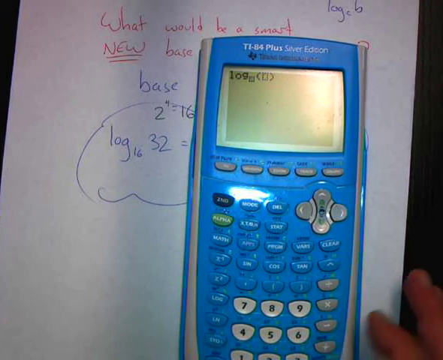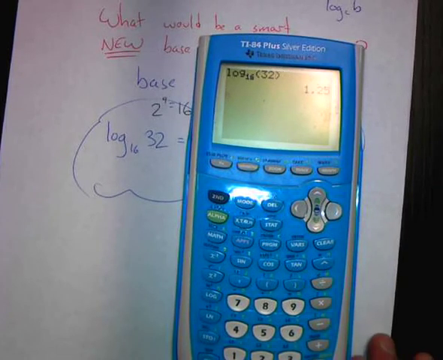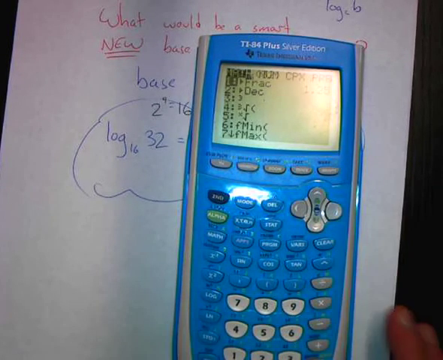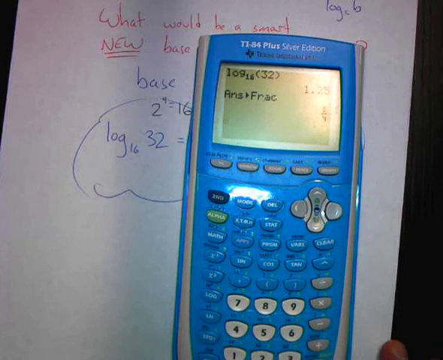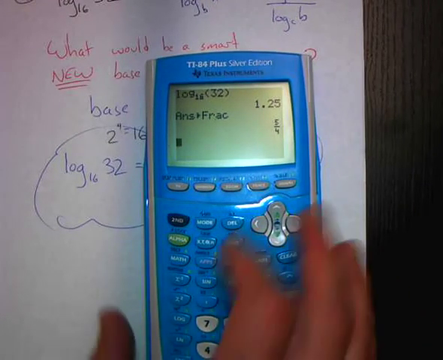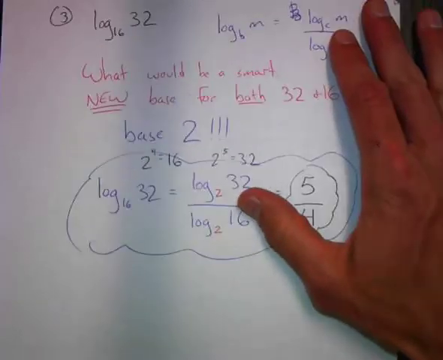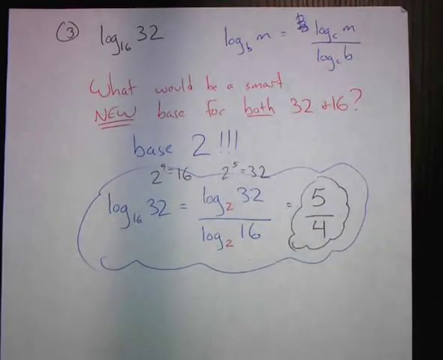So you can have log base 16 of 32 equals 1.25, and then you can turn that into a fraction, 5 over 4. But if you do that, I can't assess your understanding of the change of base formula, and that's what I'm trying to do here. So make sure you're using the change of base formula.